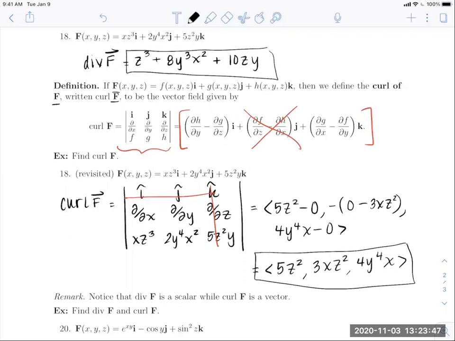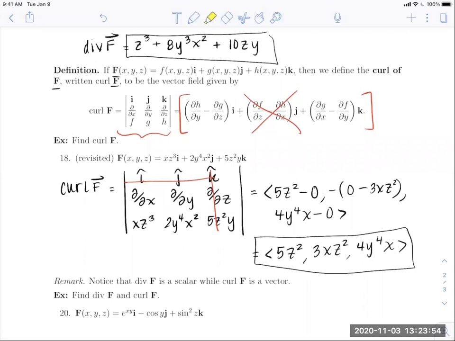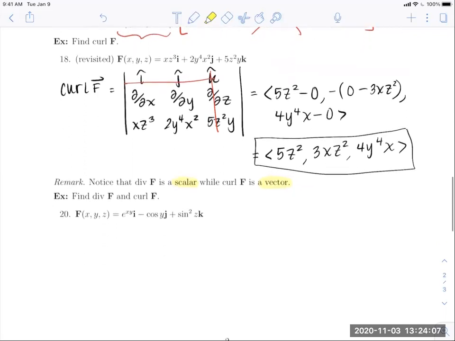That up there is just an expression. The curl is a vector. All right, so I'm just highlighting here again, divergence is scalar, curl is vector. Make sure you use the appropriate notation. For vectors, the angle bracket notation is fine, or also the IJK notation is fine.